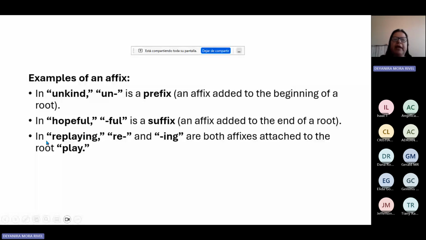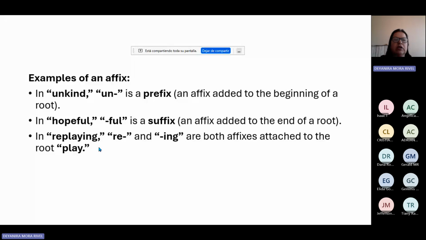In the word replaying, how many morphemes can you find? I'm going to give you some seconds. And what would they mean? Well, you have the answer there, but I wanted just to look at replaying. So we have re, which means to do again, and the ing changes the root into a gerund, right?